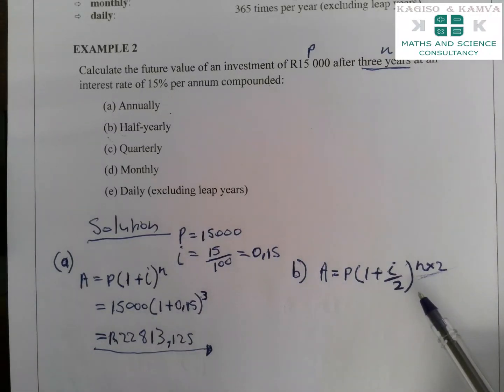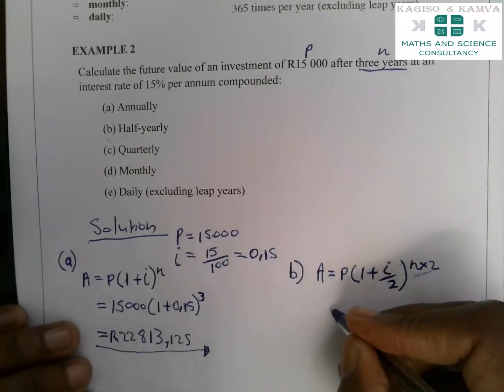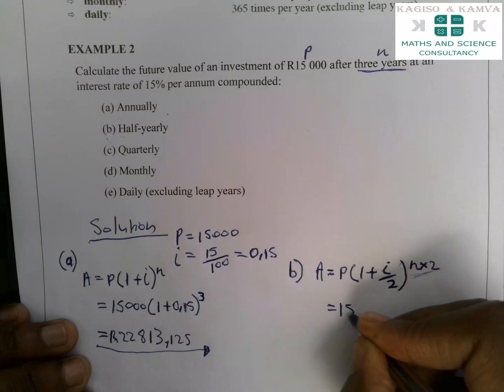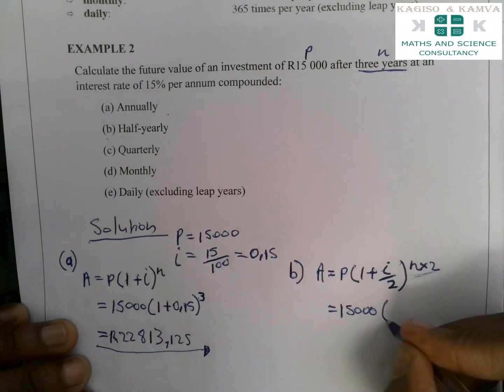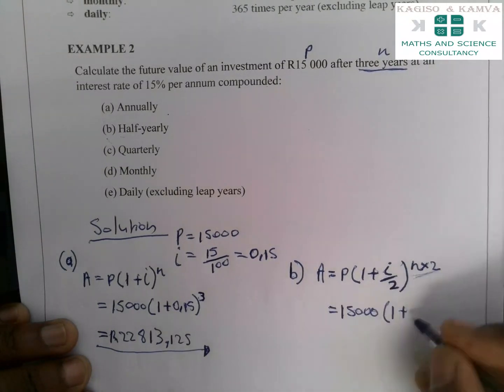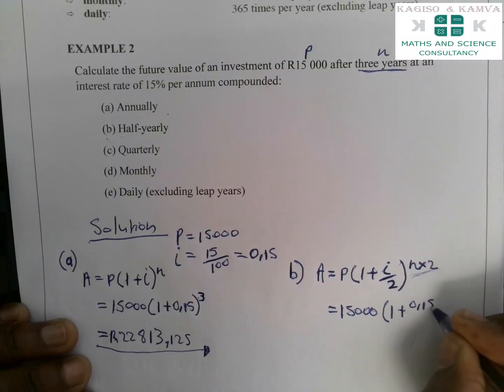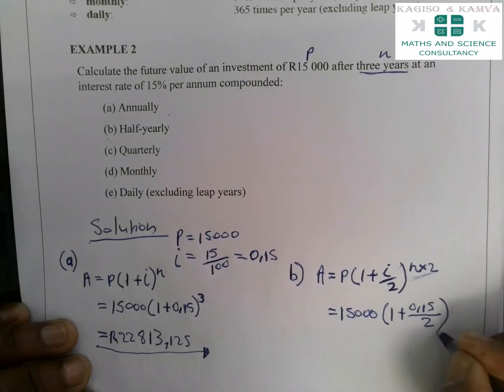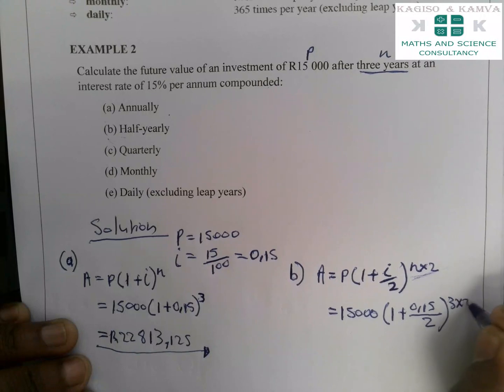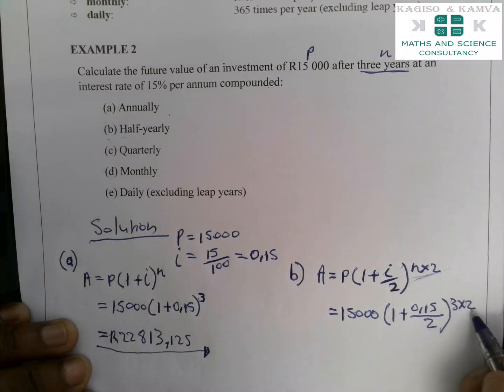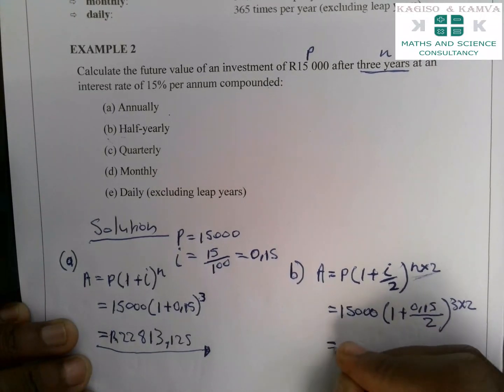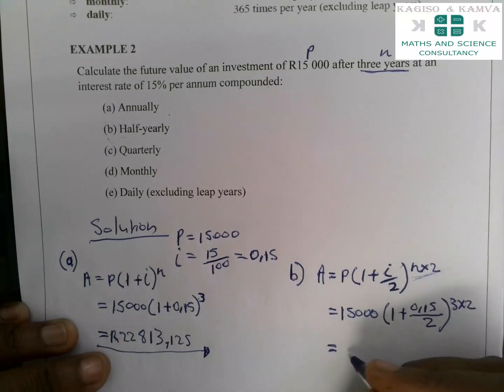For every 6 months we put interest, another 6 months we put interest, so we have 6 periods in 3 years. So this is going to be equal to 15,000 times (1 + 0.15/2) to the power 3 times 2, so that will be 6. We've got 6 periods.